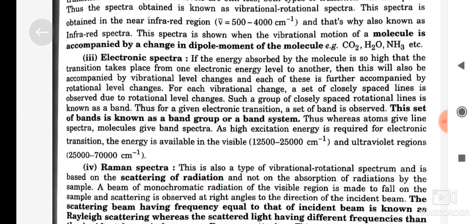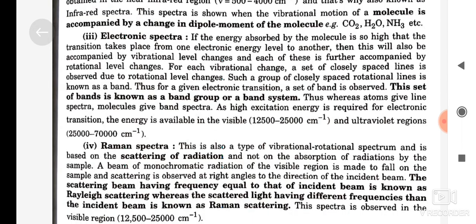Third, electronic spectra. If the energy absorbed by the molecule is so high that the transition takes place from one electronic energy level to another, then these will also be accompanied by vibrational level changes, and each of these is further accompanied by rotational level changes. For each vibrational change, a set of closely spaced lines is observed due to the rotational level changes.